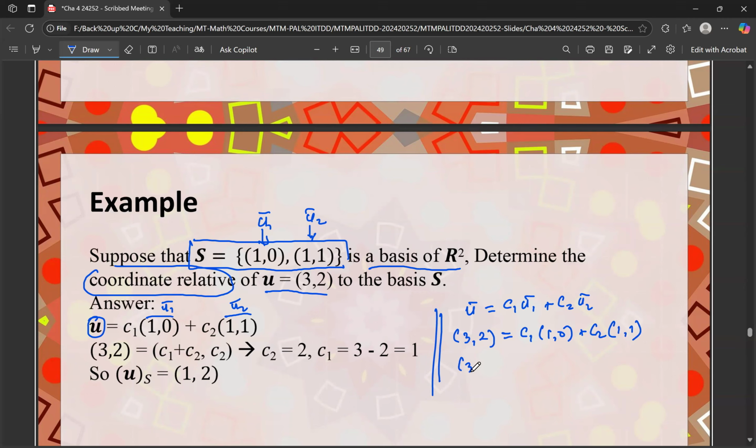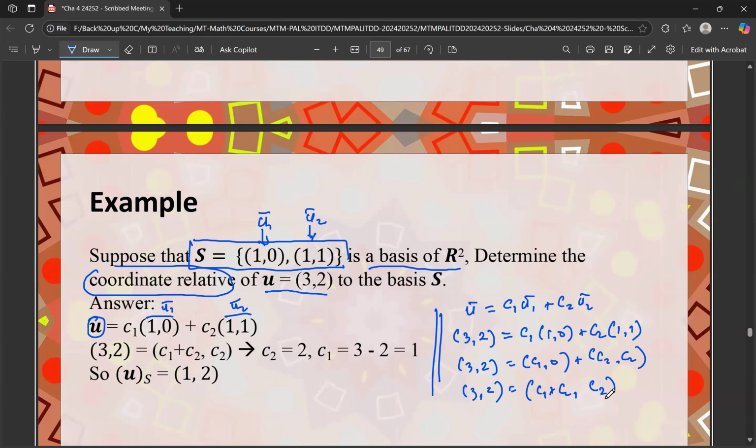Then we have 3, 2 equal to c1 plus c2 in the first component, and c2 in the second component.